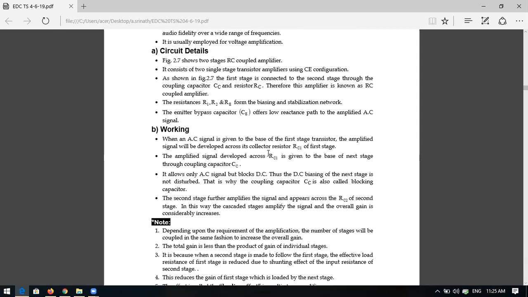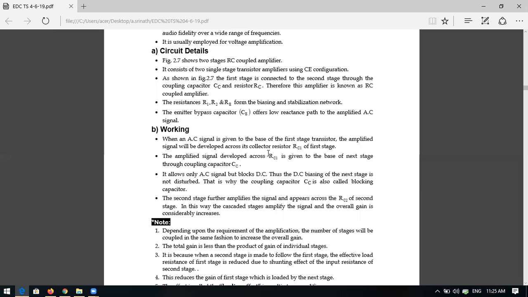If you are not using the bypass capacitor CE, the voltage gain will drop, it will reduce. That is the reason, to increase the voltage gain, you should add a CE bypass capacitor, or emitter capacitor. You have to connect it across the RE.